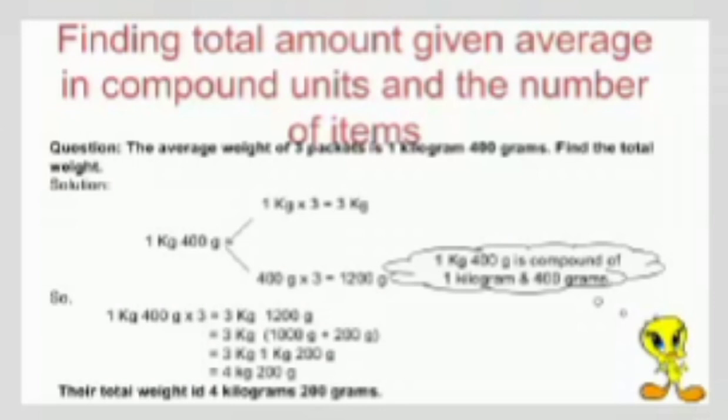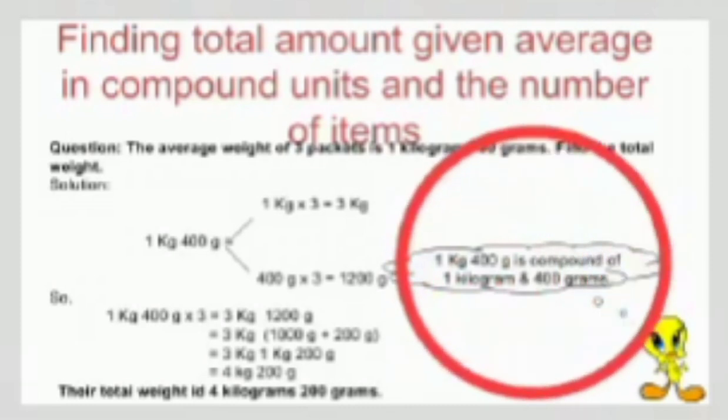Now, let's first of all remind you that 1 kilogram 400 grams is a compound unit of what? 1 kilogram and 400 grams separately. So, for our ease, let's separate that before solving.